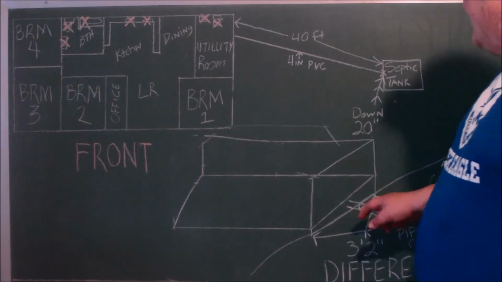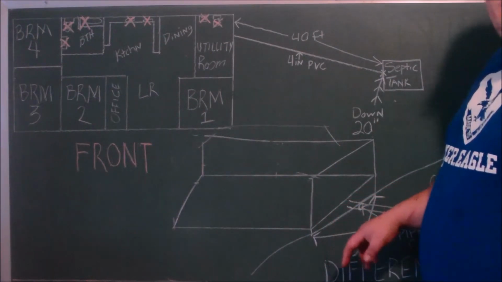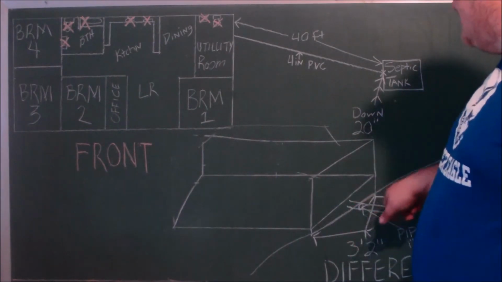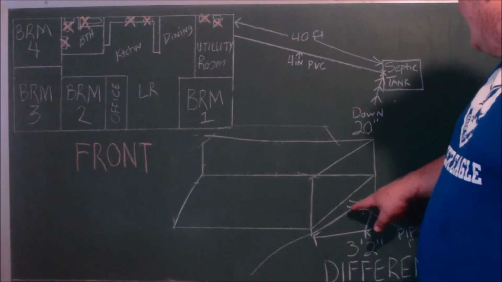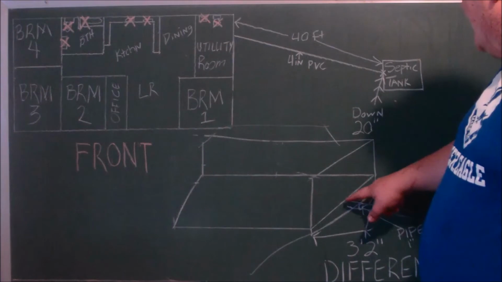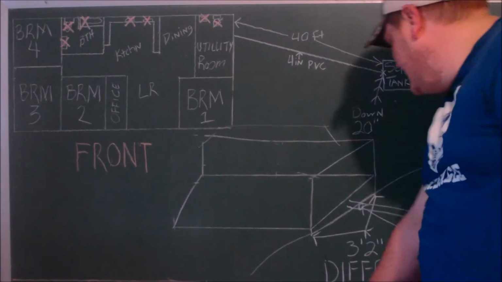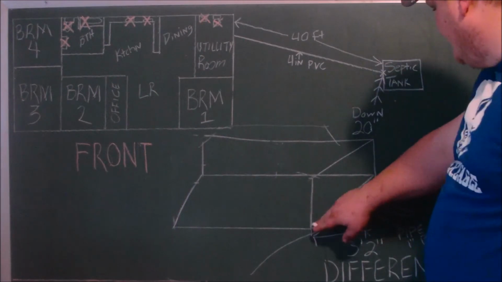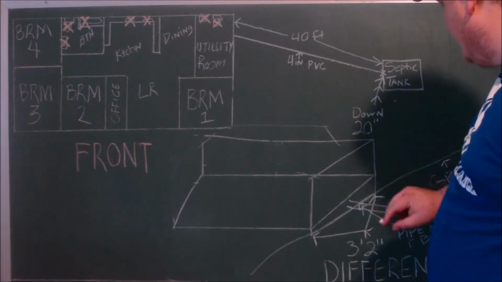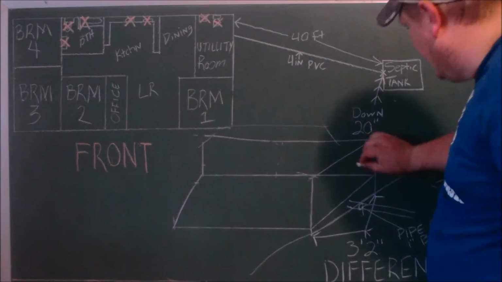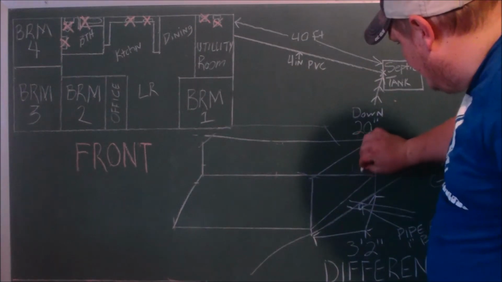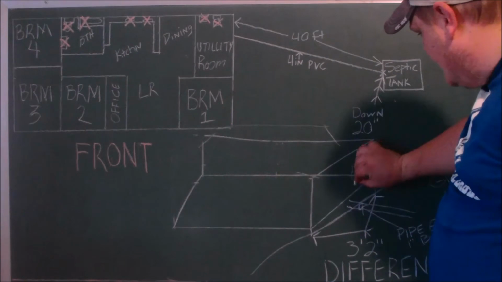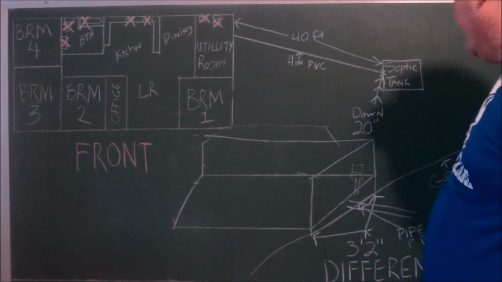And I know that you're only supposed to have 1/4 inch per foot drop in the sewer line. So if I do a 45-degree elbow, let's say this is the floor right here, this line right here. Let's say there's a toilet right there, and I run the line down through the floor.